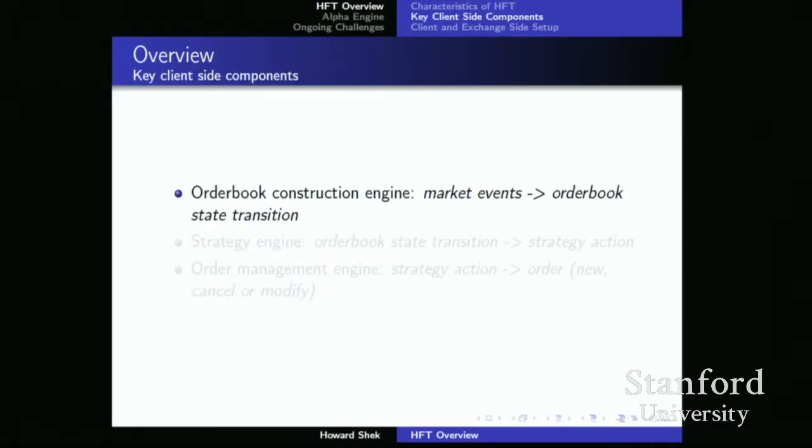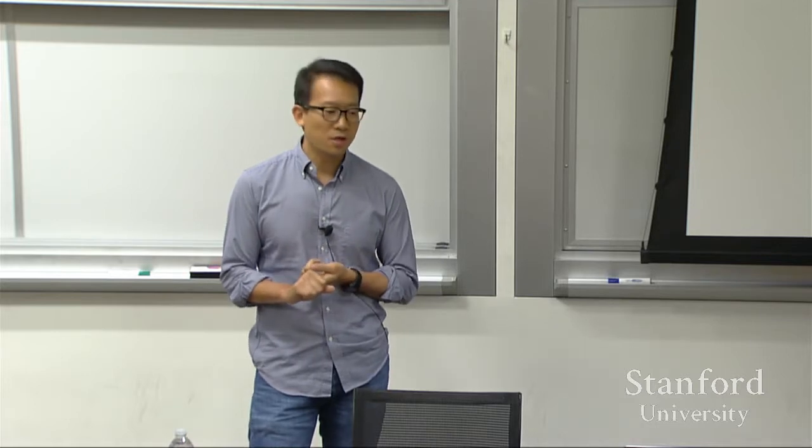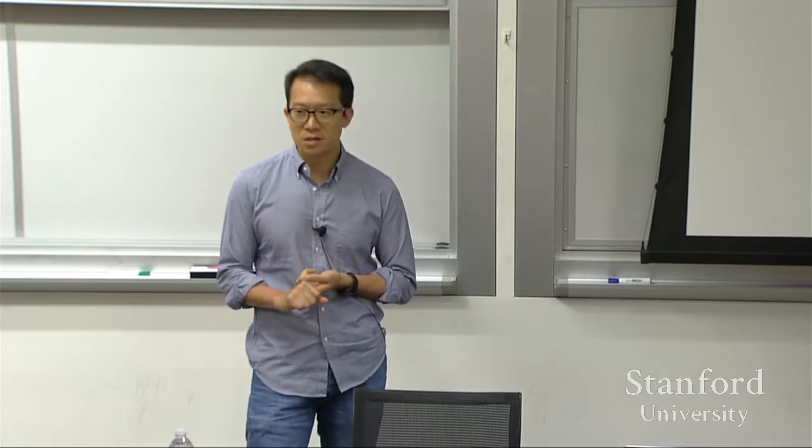Right. So what are the components of a high-frequency trading strategy? I think loosely speaking, there are three main components to a strategy. So the first component is what's called an order book construction engine.